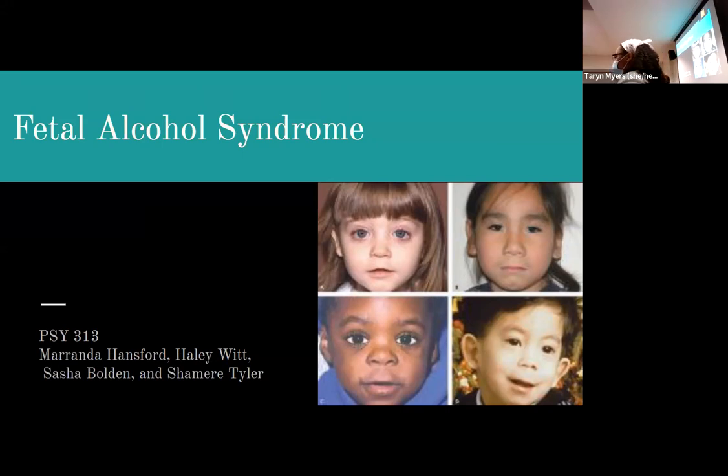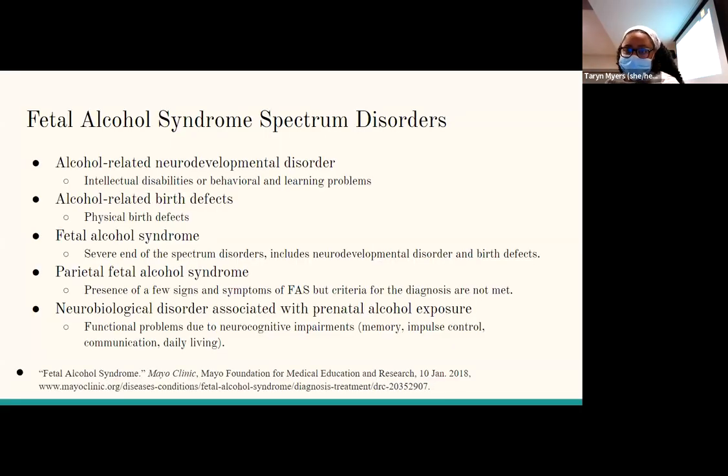Anybody else? All right. Okay. Fetal alcohol syndrome, pregnancy disorder. Alcohol-related neurodevelopmental disorders, intellectual disability, behavior and learning studies. Birth defects are physical. That's typically really sad.